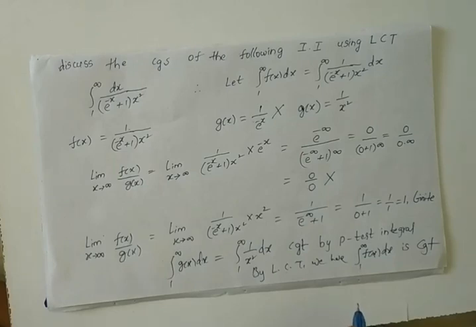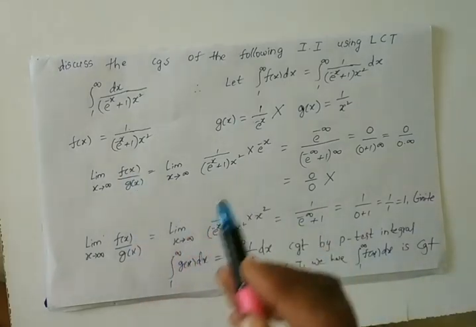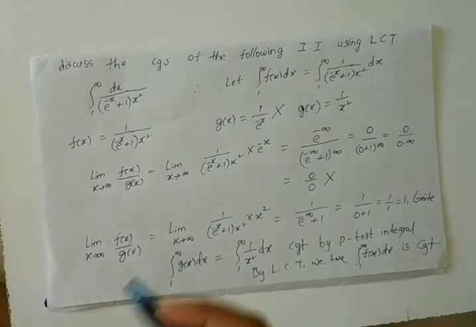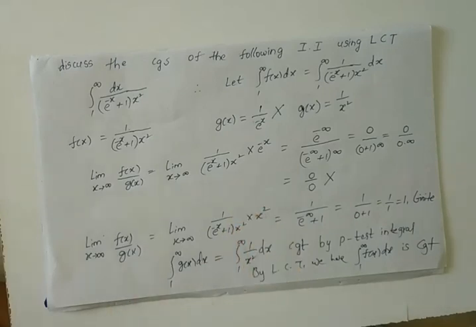Whenever you are choosing another function g of x in limit comparison test, we have to choose the function g of x such that limit x tends to infinity f of x by g of x must be finite. We can choose any function, don't worry. But whenever you are choosing g of x, you have to see the given function f of x.